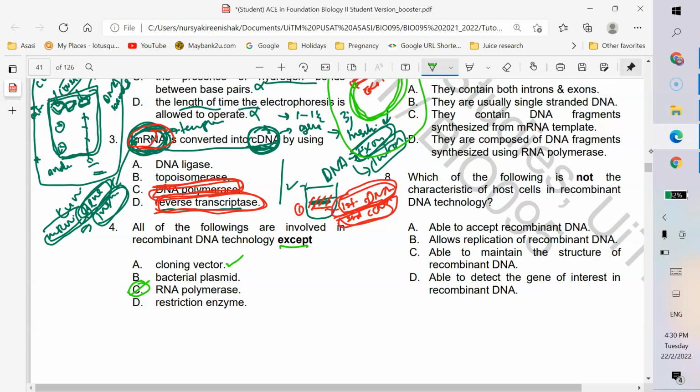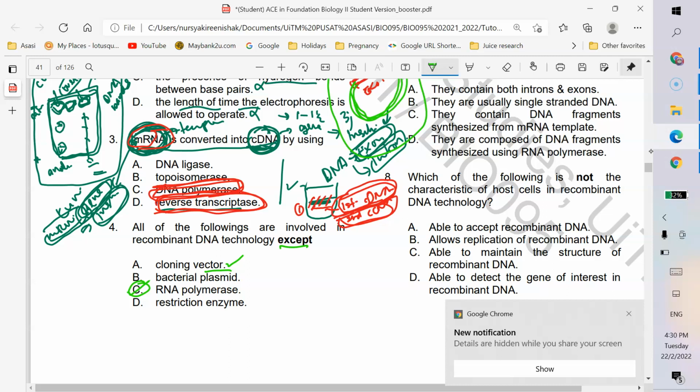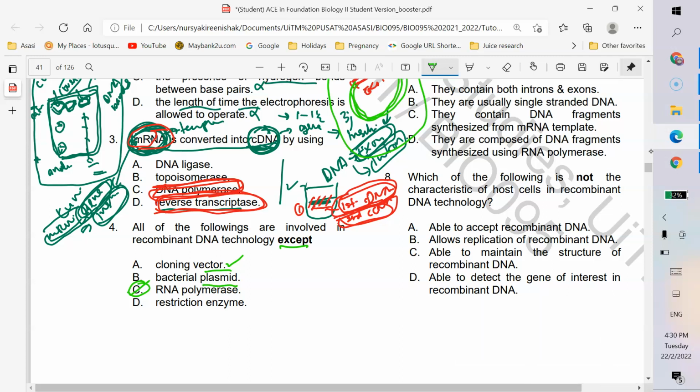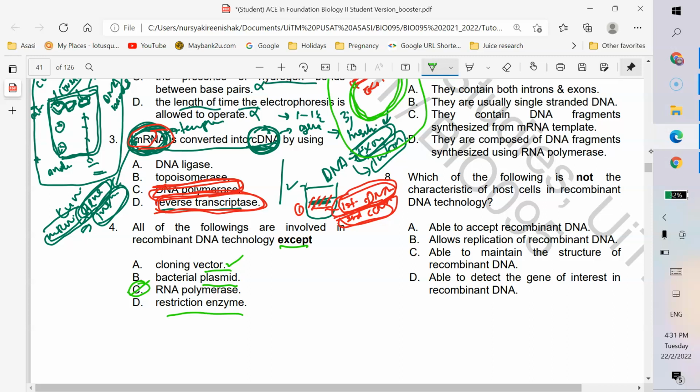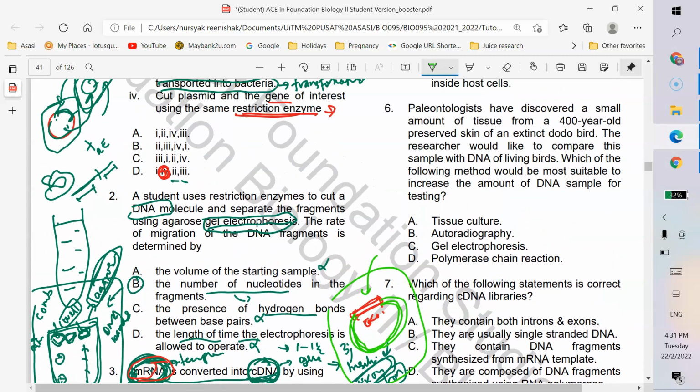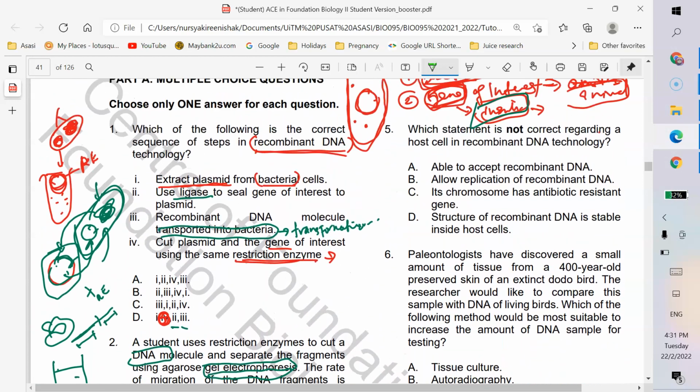Yang akan jadi host cell tu lah kan? The bacterial cell. So you need the bacterial cell to accept the recombinant DNA. You need the plasmid to insert the gene of interest. You need restriction enzyme to cut the plasmid and also the gene of interest using the same restriction enzyme so that you produce the same sticky ends ataupun blunt ends. So they complement lah. Okay.